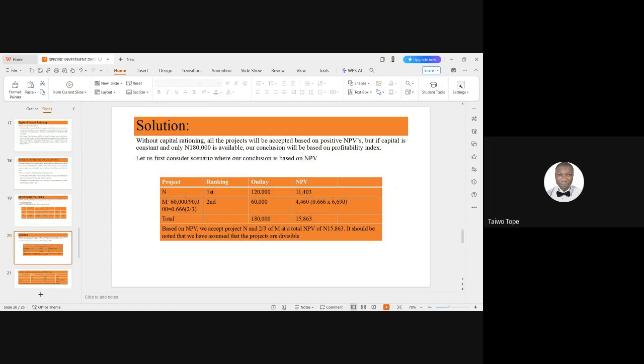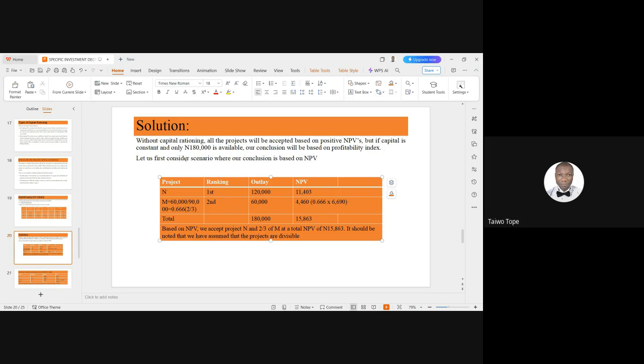That is why we have it here as 60 divided by 90. It means we'll have 0.6666. In terms of fraction, it will be 2 over 3. It means 2 over 3 of 90 can be undertaken with 60,000.